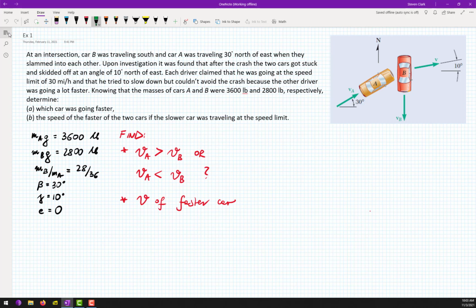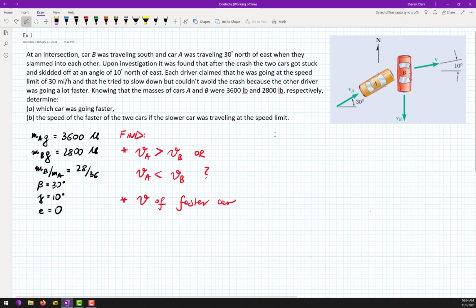Okay, so we have two particles. And we have a situation pre-impact here, and the situation post-impact will be on the board. So we know that one of these drivers is a liar, because he or she claims that they were traveling according to the rules. Okay, so let's figure out who is a liar.